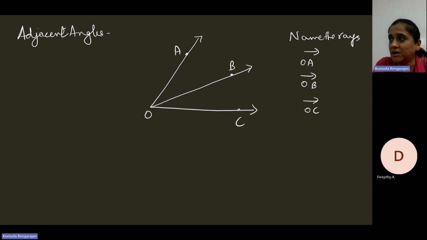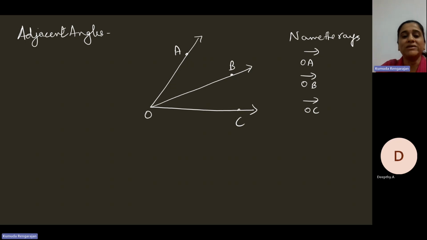They originate from the same end point, which is O. Okay, that's one thing: adjacent angles must have the same vertex. You see, you guys are distracted.